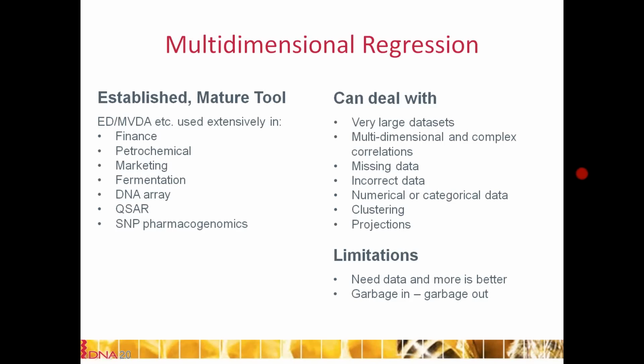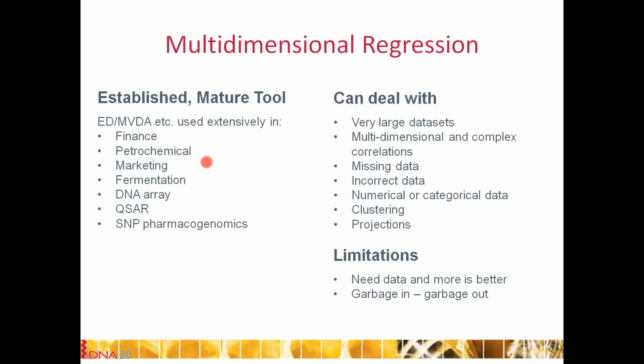And within the biotech field, we certainly use it, from DNA array people and QSAR, and lately there's been a lot of work done in multidimensional analysis in the world of SNP and pharmacogenomics and that sort of thing.